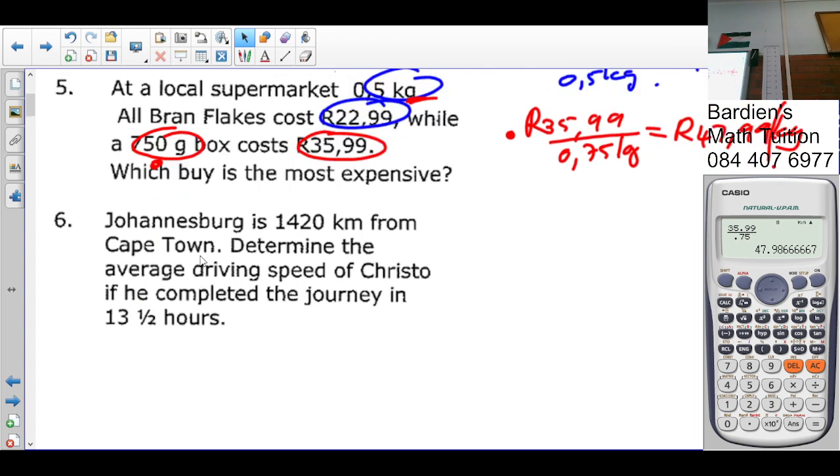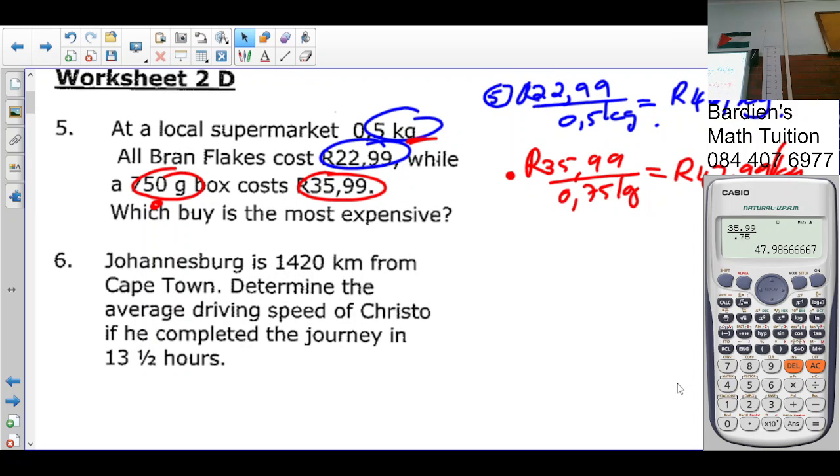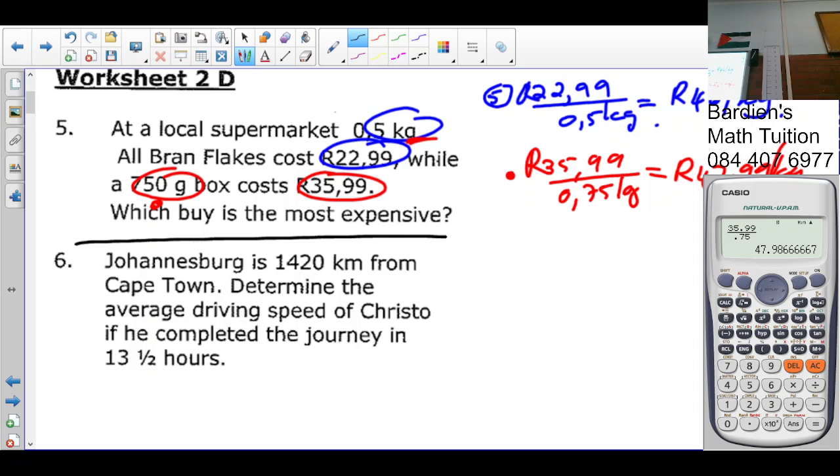Look at number 6. Johannesburg is 1,420 kilometers from Cape Town. So you go from Johannesburg to Cape Town. I don't know, let's check.